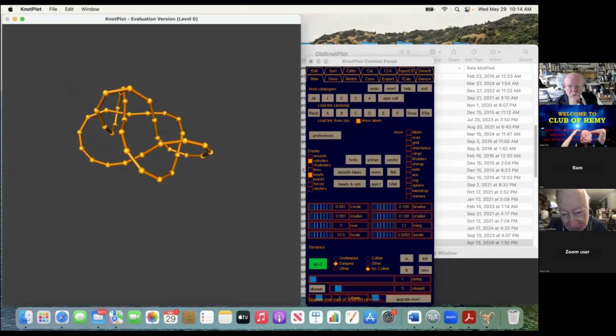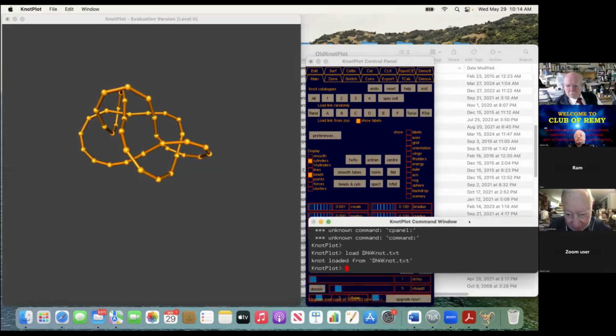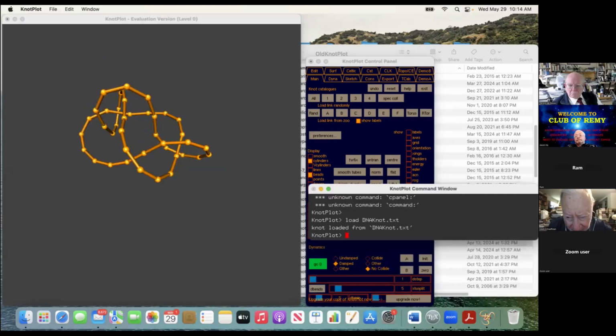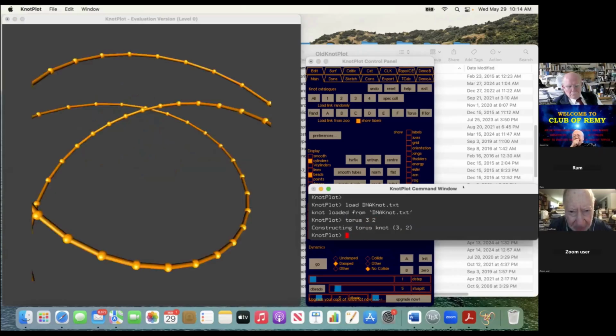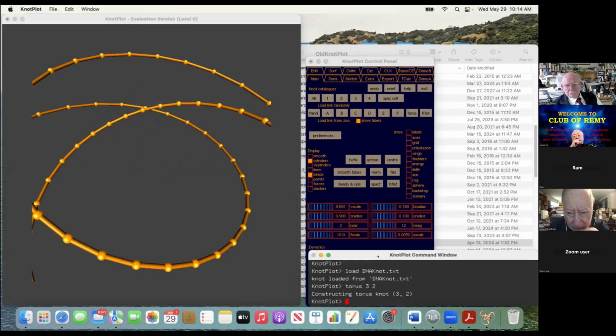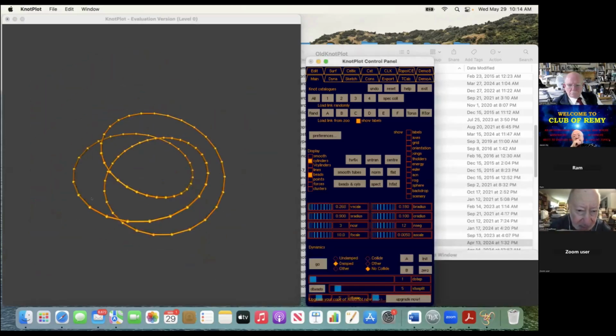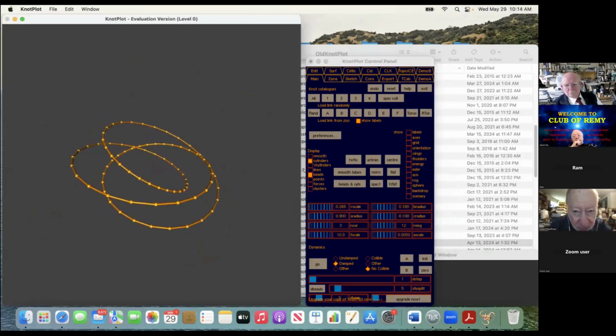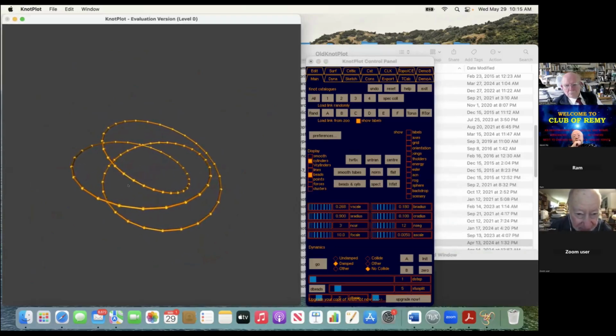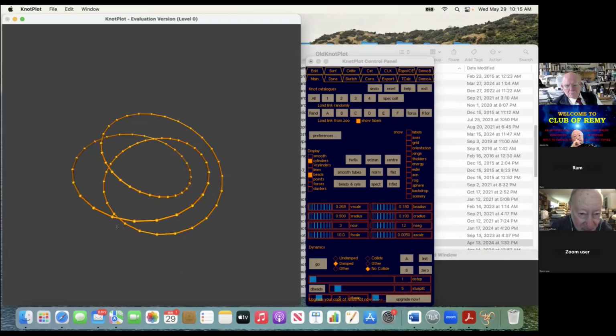But let's try something else just for the sake of an illustration. I don't remember whether I tried this before, but this is a good one. Let me stop this and then start again. So here is a torus knot, and it's also almost a flat diagram, but you can see that it's winding on the surface of a torus, and it winds 3 times this way for twice this way on the surface of a torus.